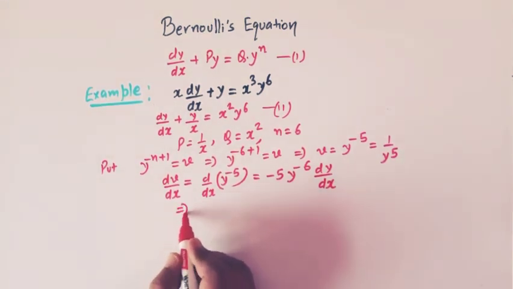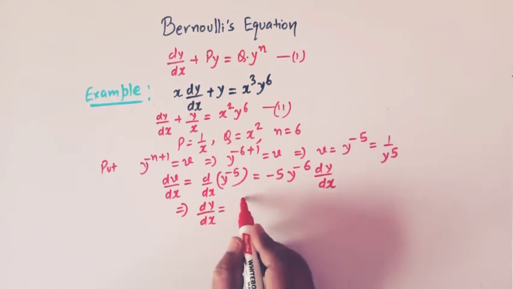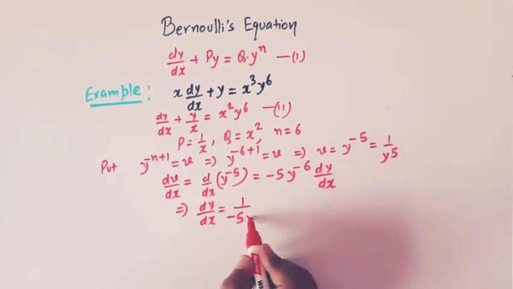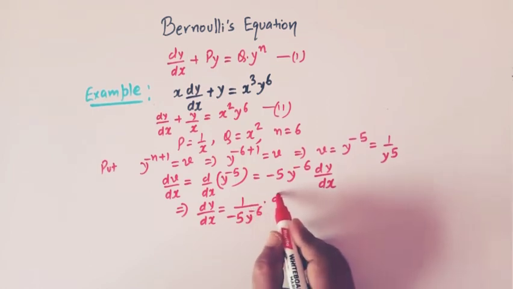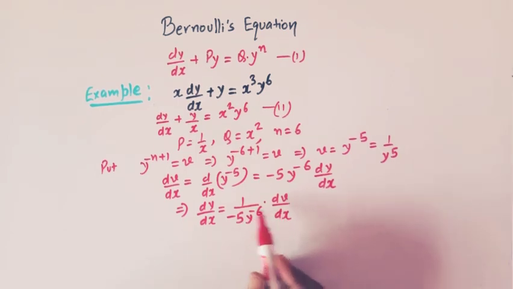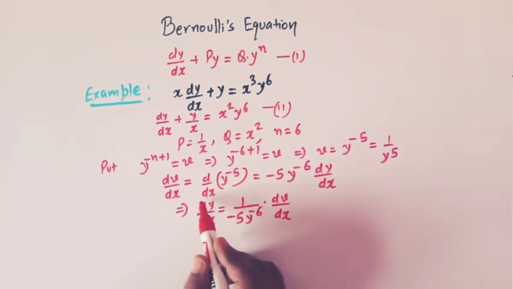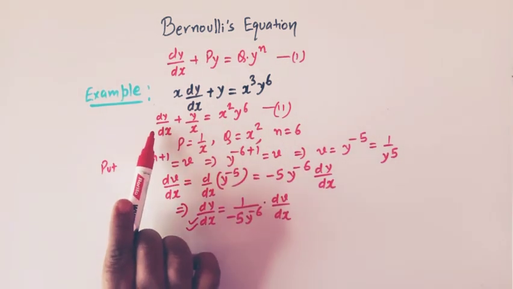So dy over dx can now be written as 1 over minus 5 y raised to minus 6 times dv over dx, and we'll now substitute the value of this dy over dx in equation number 2.